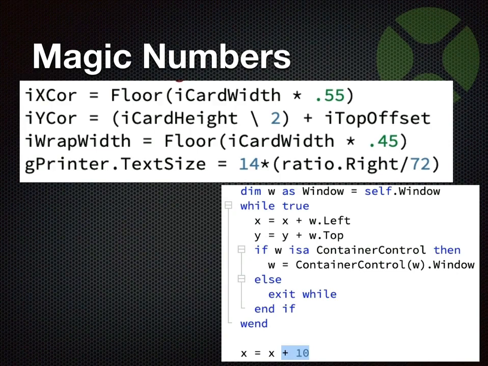In the bottom example, we are taking the window position, and adding 10 to the X position. Why 10? Again, it's a magic number, and as much as I hate to admit it, this bottom one's actually mine.